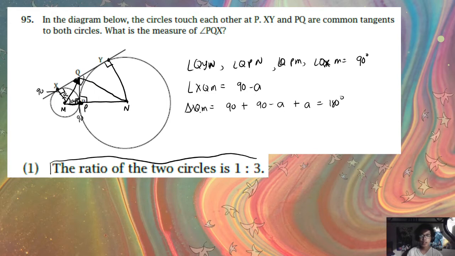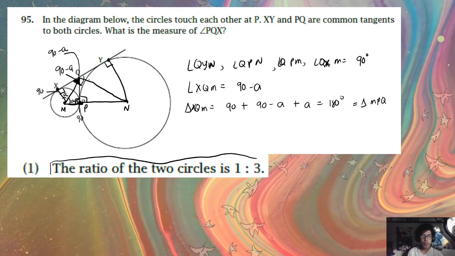So these cancel out. That's for triangle QXM, and it's also the same for triangle MPQ. Since we know that the measurement of XQM is equal to 90 minus A, this is 90 minus A, and this is also 90 minus A.